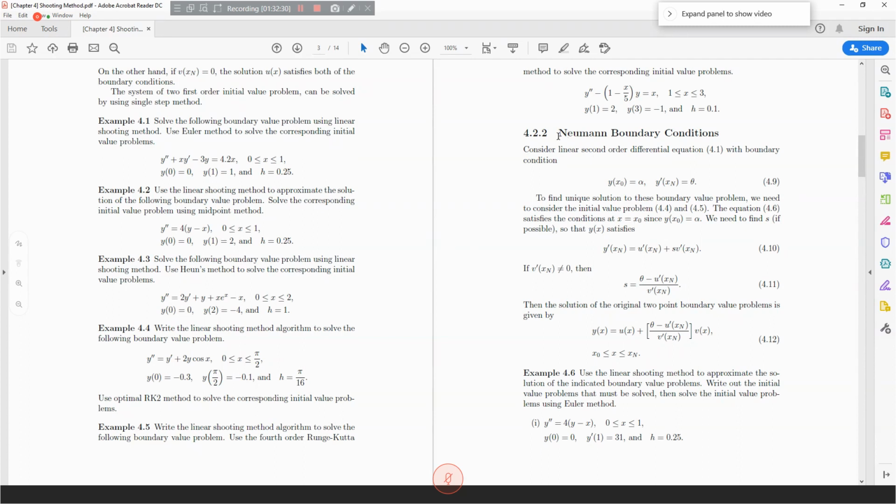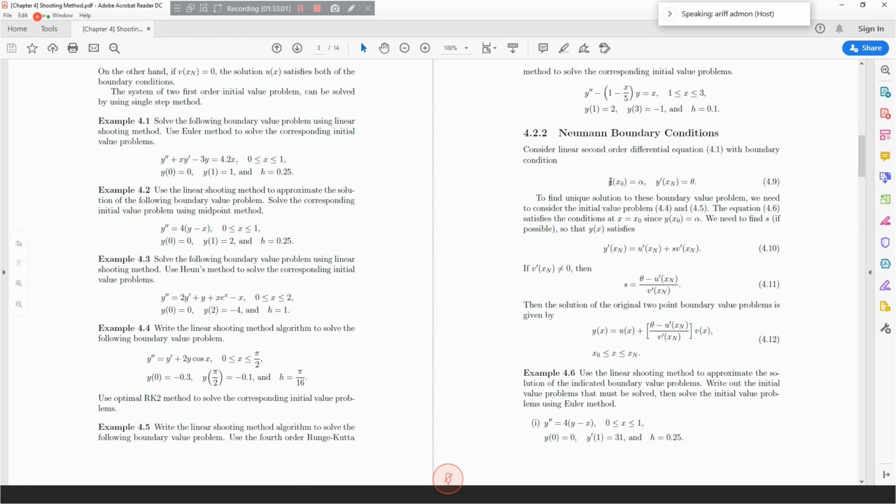Alright, so now for the second type of boundary condition, what we call Neumann boundary condition. If you still remember, Neumann is not just this condition 4.9, because we can also get another form of Neumann, which is y prime x naught and also y prime x n.